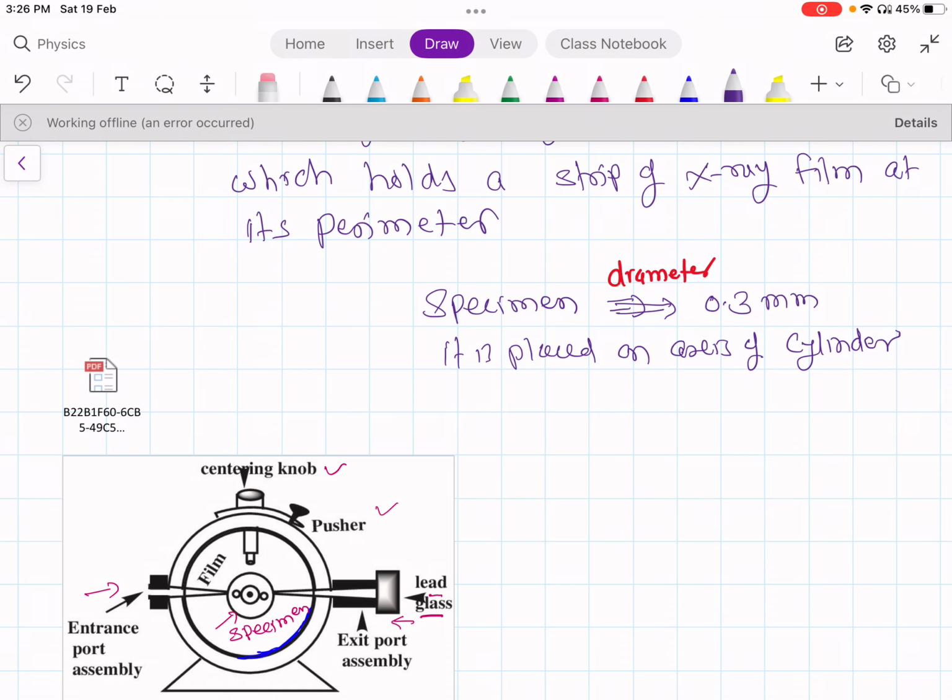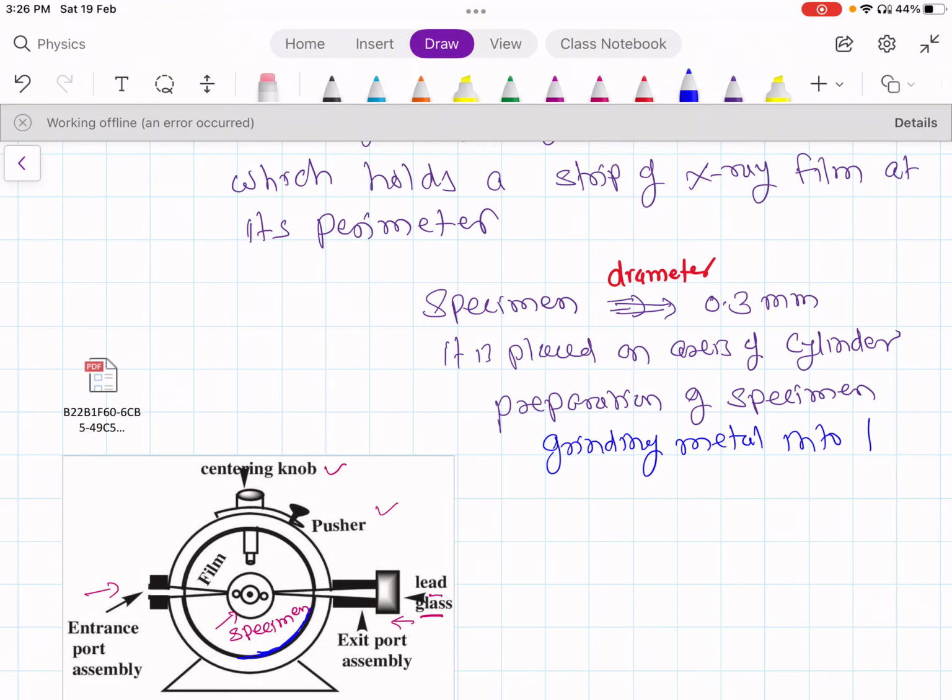Now, how to prepare the specimen? Preparation of the specimen: it is prepared by grinding the metal into fine powder. The size of the particle should be less than 0.1 mm, so a very fine powder is made by grinding.